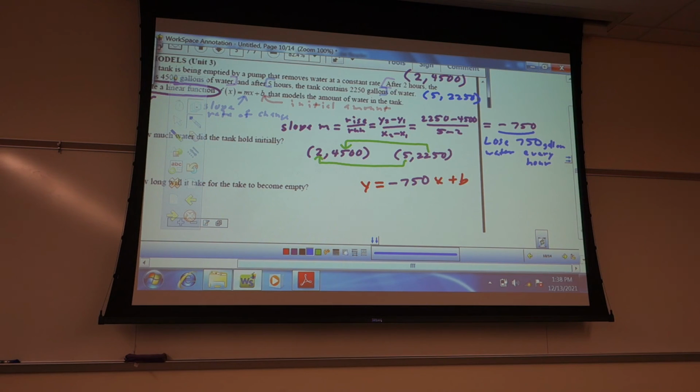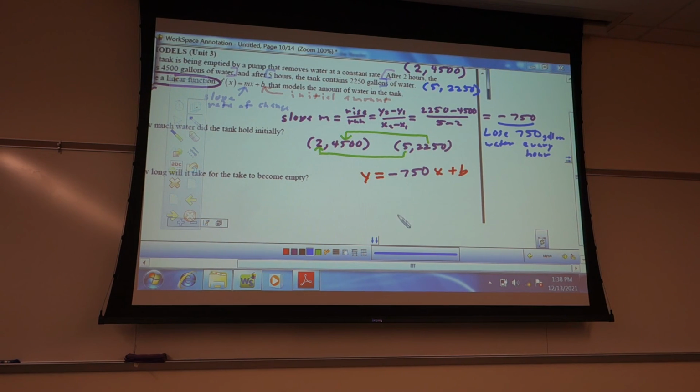Okay, so I'm going to pick one of these points to substitute in. I'm going to pick the first point, (2, 4,500). Put the 2 in for x, put the 4,500 in for y.